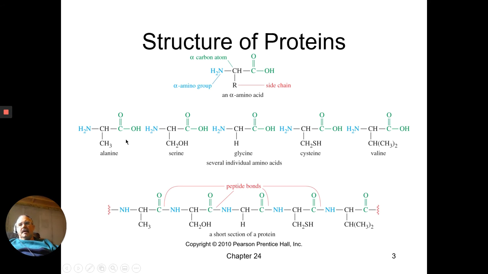Okay, so here is the amino acid alanine, and these are named based on what the side chain is. So you have alanine, serine, glycine, cysteine, and valine. And if we split out water and we reconnect these, we get what are called peptide bonds. And the peptide bond is actually an amide group.